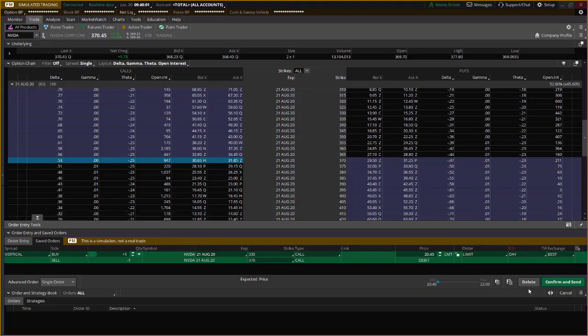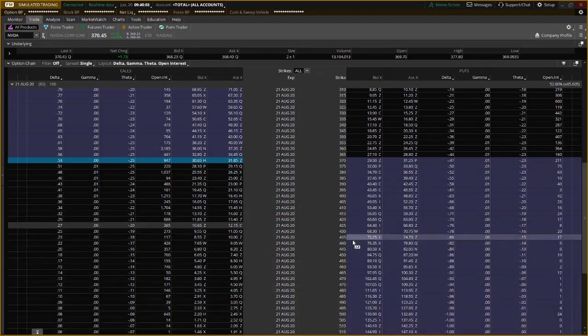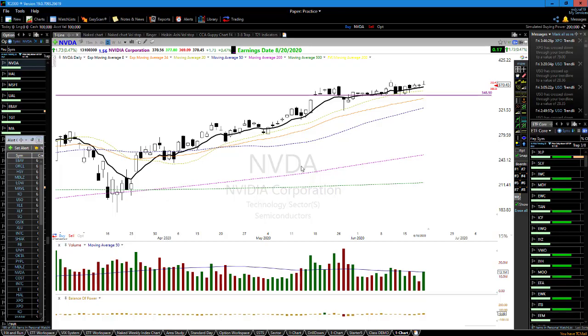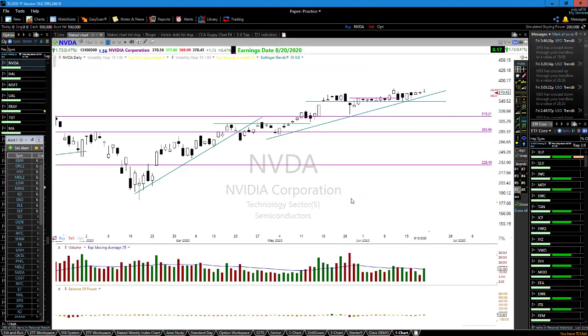Okay. Now, let me explain the way I normally trade these. And again, you don't have to do this. This is a departure from what a lot of people will do in this. But to me, would you guys agree, everything we do is based on price action?